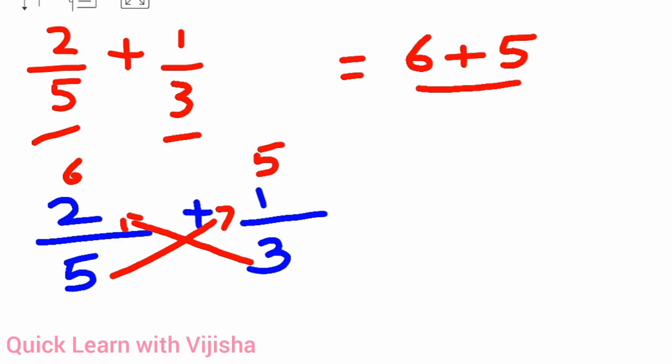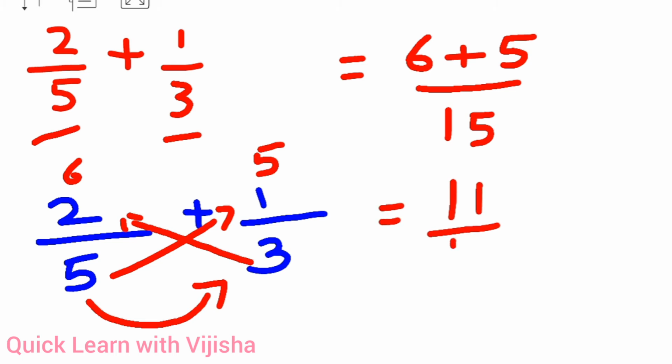And for the denominator we will multiply both of these. 5 3s will give you the answer as 15. This is the simple and tricky way to add the fractions. So 6 plus 5 will give you the answer as 11 and your denominator as 15. See the fourth question: 2 upon 7 plus 1 upon 2.